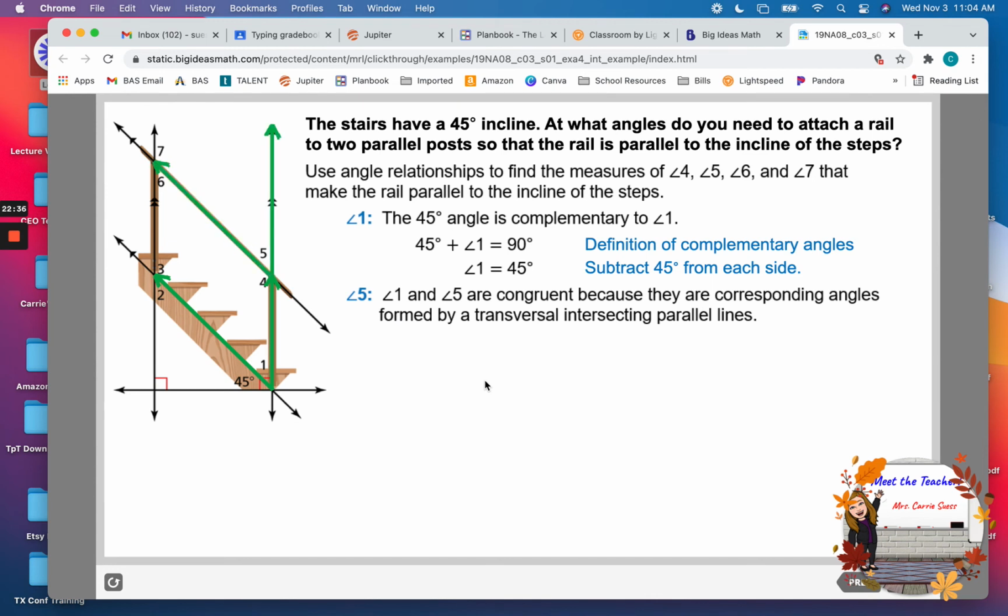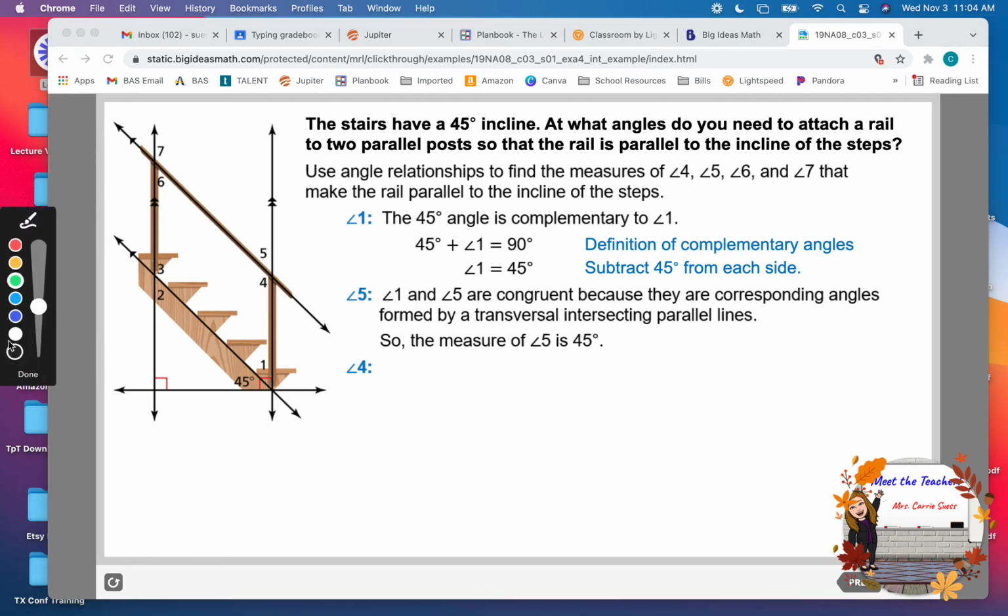Comprende? All right, so now let's look at our other pair of corresponding angles. So let's look at 4. Well, first, can we solve for 4? Sydney? I've already solved it. I just yelled out the answer. Well, tell me how you solved it.